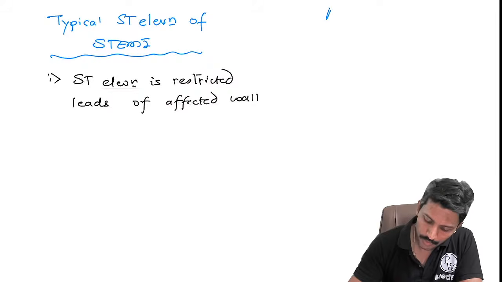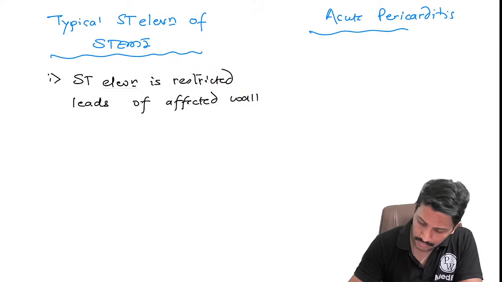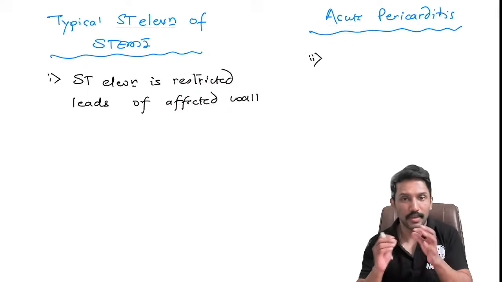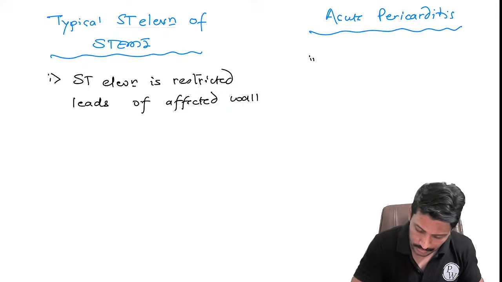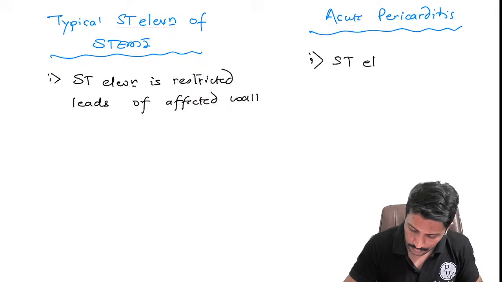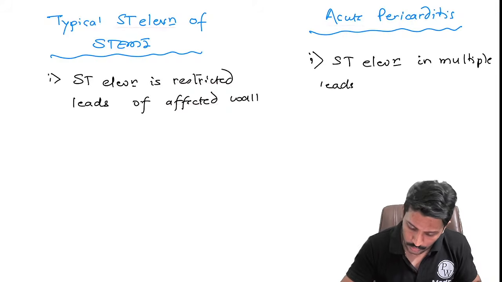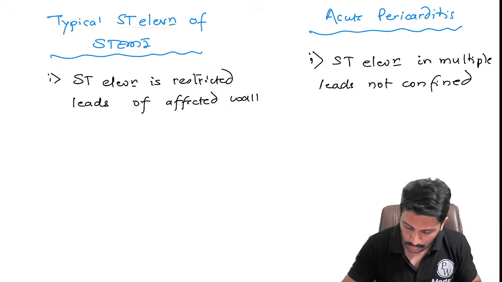But in acute pericarditis, the ST elevation is not confined to vascular territories. ST elevation in multiple leads, not confined to vascular territories. Okay, what else can we expect?